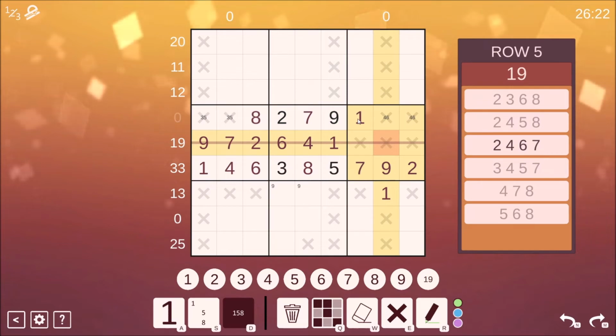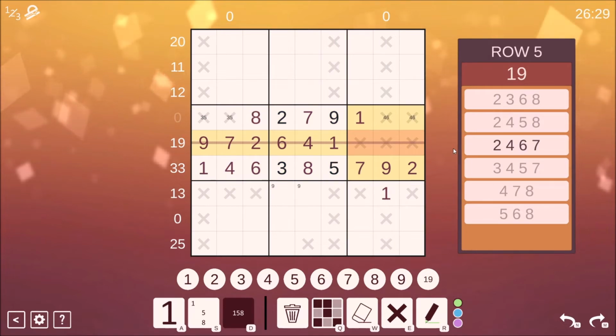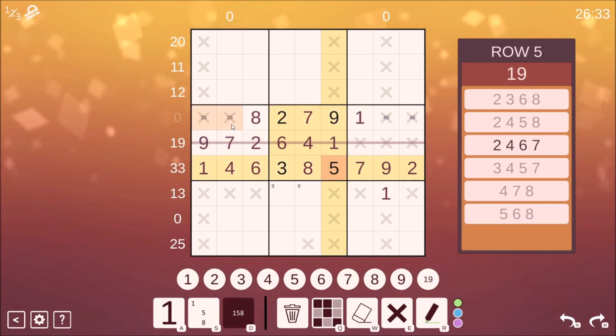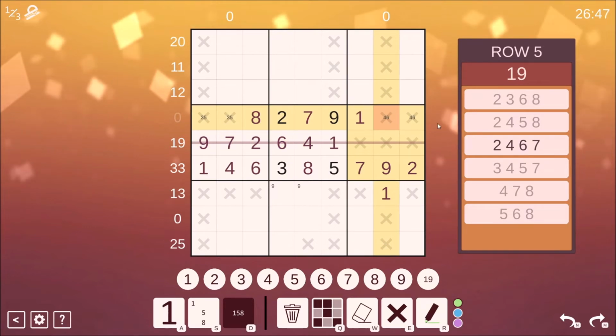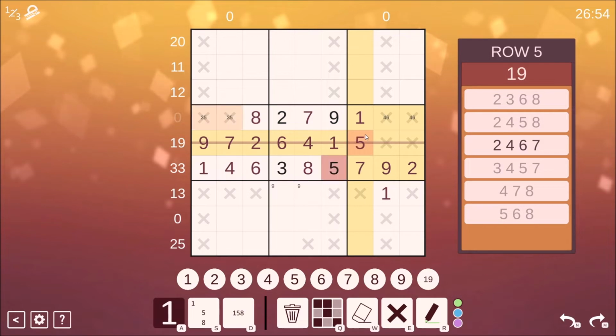And it's actually useful because we need a 5 in row 5. Now, where can we place it? It's not blocked out by this or by this. However, if we place it here or here, either of those positions rule out both of the candidates in row 4 because of the non-consecutive rule, so we must place the 5 here.